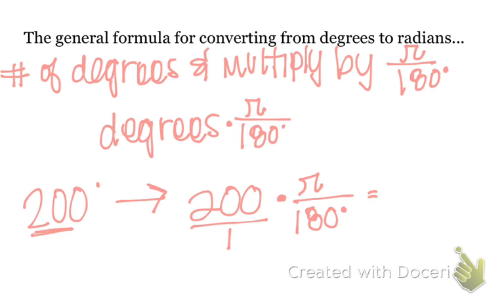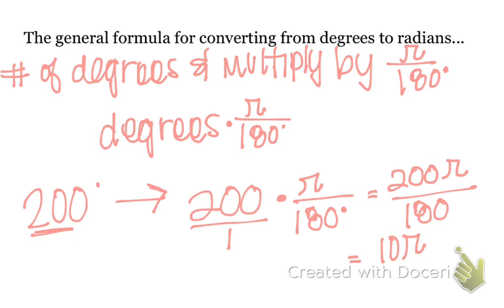So I'm going to do 200 times pi, which is 200 pi, and 1 times 180 is 180. Then I can go through and simplify this. 20 goes into 200 10 times, so it's going to be 10 pi. And 20 goes into 180 9 times. So 200 degrees is equal to 10 pi over 9 radians.